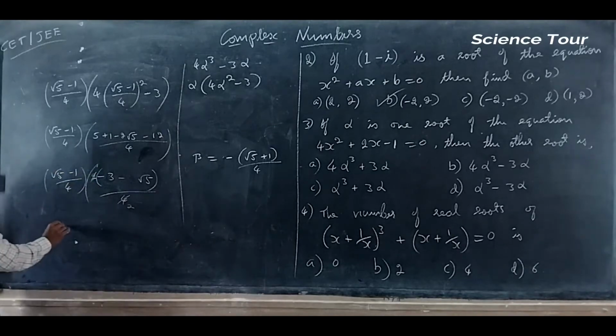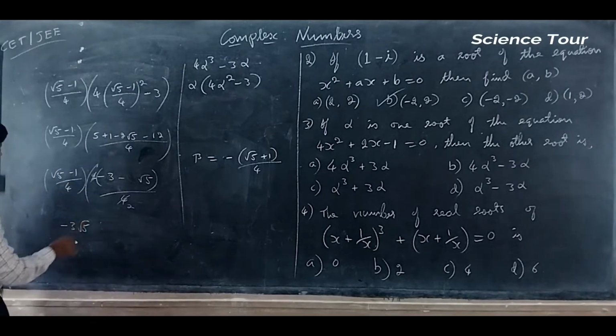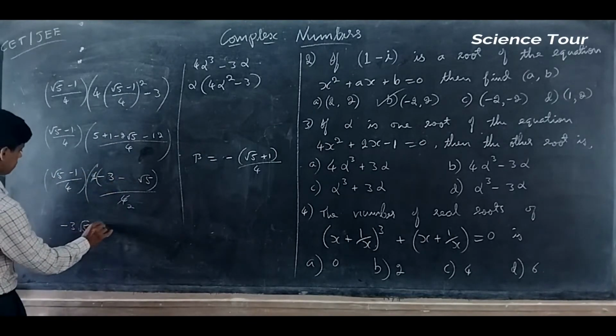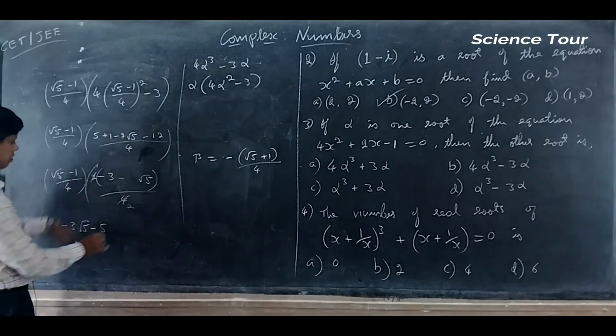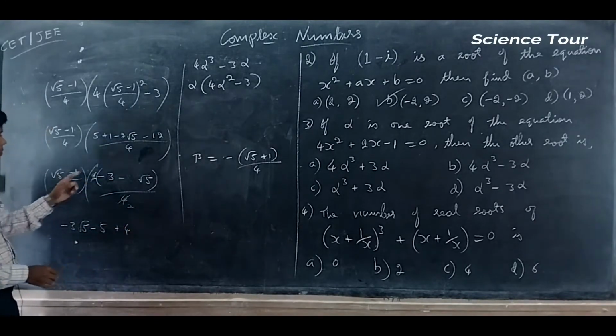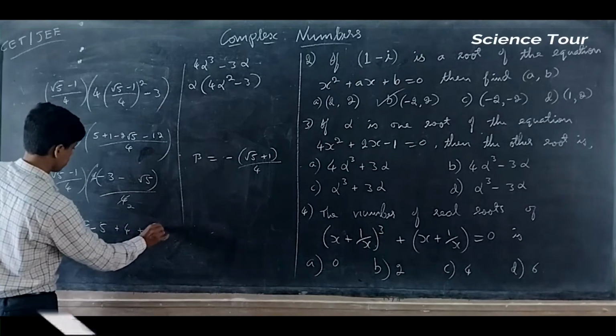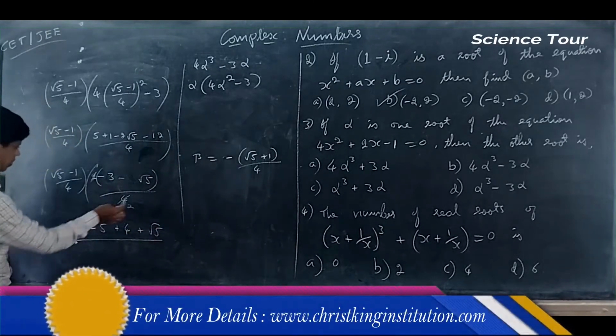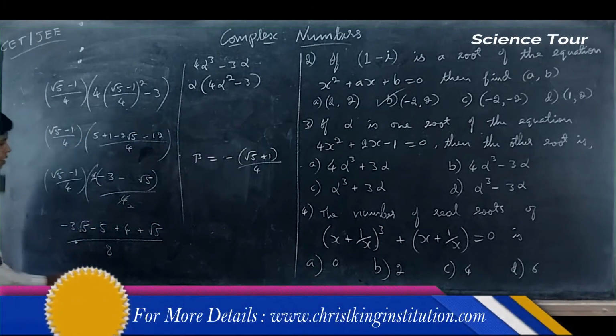Now let me multiply this: minus 3 root 5 and minus 5 and then plus 4, and then plus root 5, divided by 2 fours, which is 8.